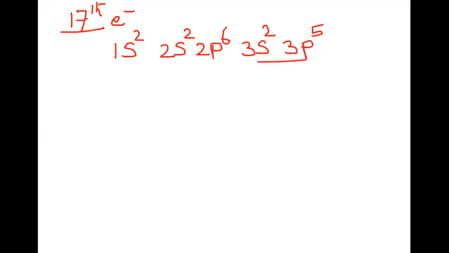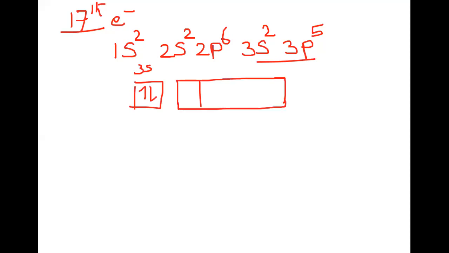So how will I write? In the case of 3s, you have 2 electrons. Then I'm talking about the 15th electron, sorry, 17th electron. When I'm talking about the 17th electron, how will it enter? If this was 3p4, let us say, would the electron jump from here?